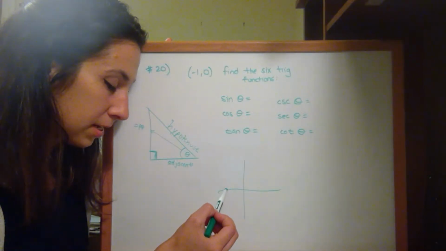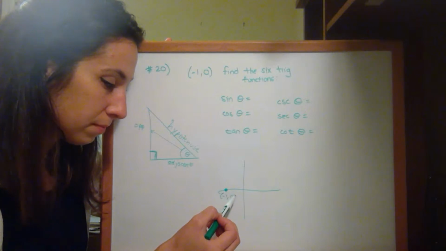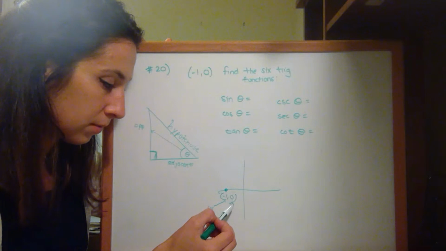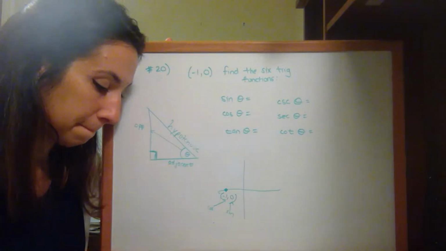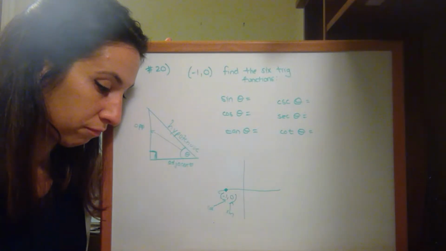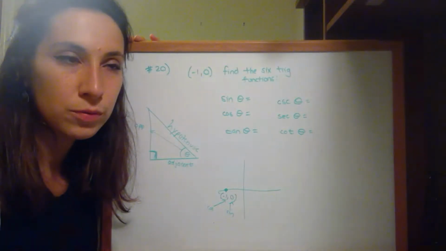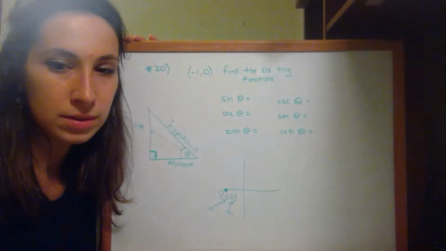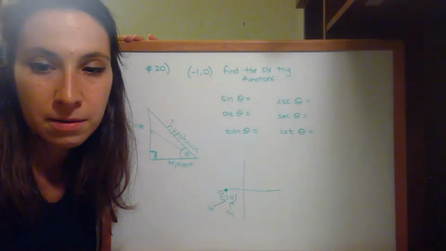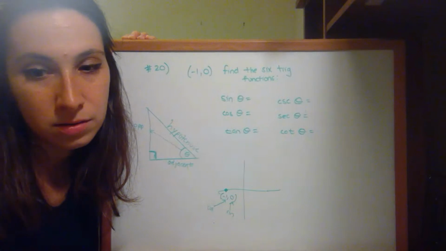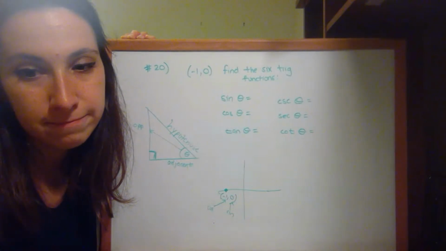For 180 degrees, this right here is cosine, and this right here is sine. I don't know if she talks about that in the videos yet, but yes, you do have to know the reciprocals.